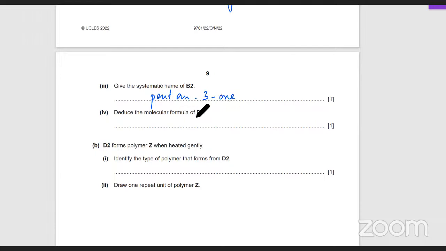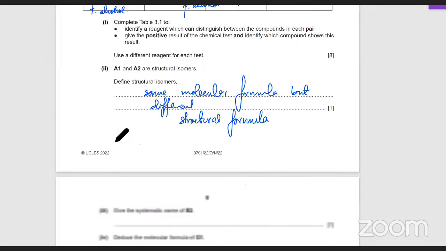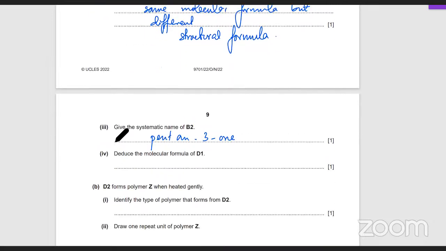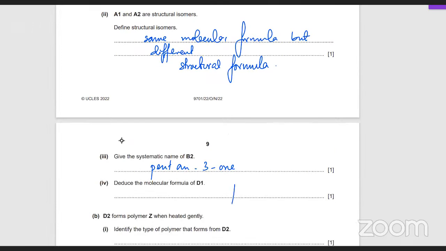Molecular formula of D1, you have to give that. So D1 को नीचे draw कर लेते हैं. कैसा है D1? D1 is a box है. और यहाँ पे I think CH3 और OH है. So molecular formula of this thing. So that's 1 carbon atom, that's another carbon atom, that's another carbon atom.